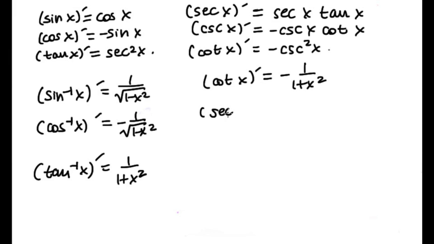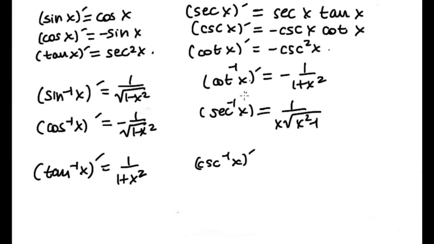The derivative of inverse secant of x is going to be, what is that? 1 over x times the square root of x squared minus 1. And inverse cosecant of x, its derivative, is going to be negative 1 over x times the square root of x squared minus 1.